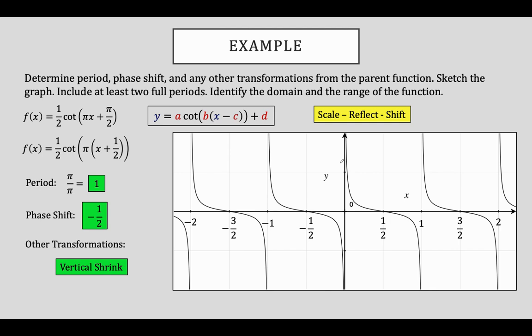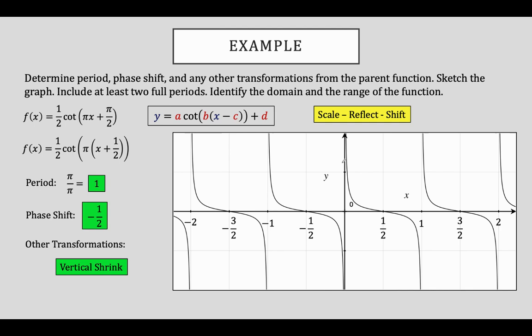All right, vertical scaling done. Horizontal scaling done. Reflections. No reflections to worry about. Our last step is to do any shifts. And here we have a phase shift or a horizontal shift of 1/2 unit to the left. All right, so all of these points on our graph are going to move to the left 1/2 unit.